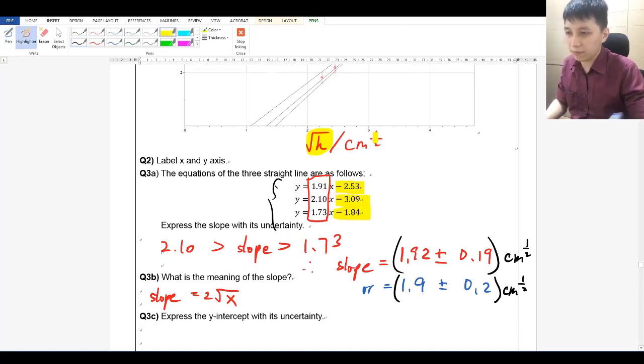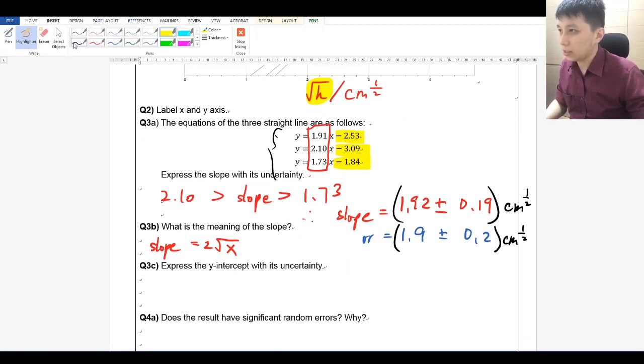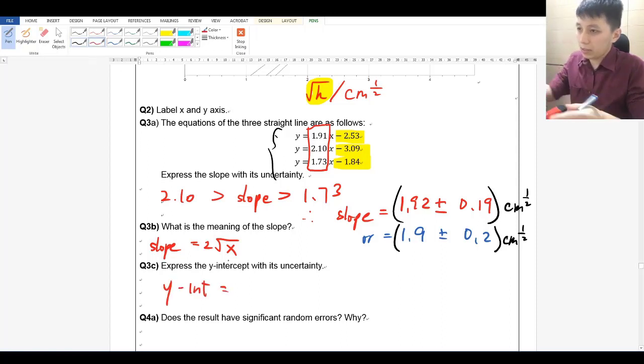It's negative 2 point something, 3 point something, and 1 point something. So what you can do is again do the same thing. You can say the y-intercept will be once again the maximum, which is 3.09, or you can call it the minimum.